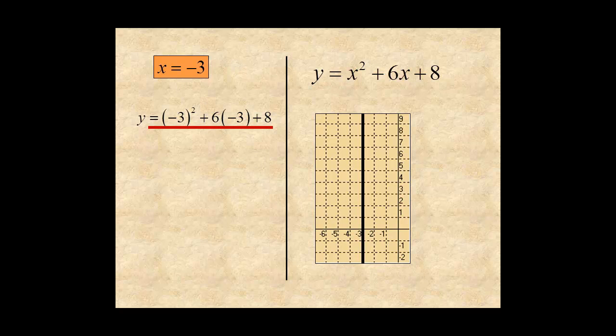Negative 3 squared equals 9, and 6 times negative 3 equals negative 18. Then add 9 and 8 for 17. Finally, you have 17 minus 18 for negative 1. So the vertex is a point at negative 3, negative 1.